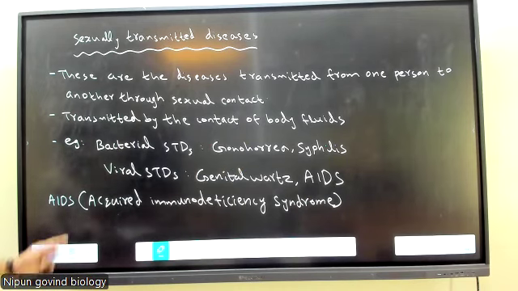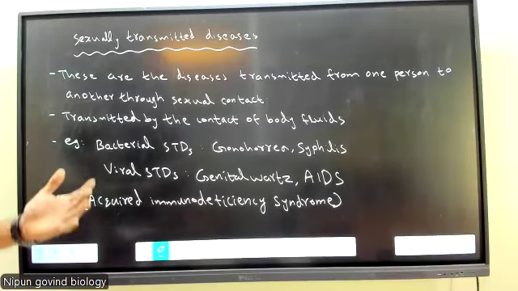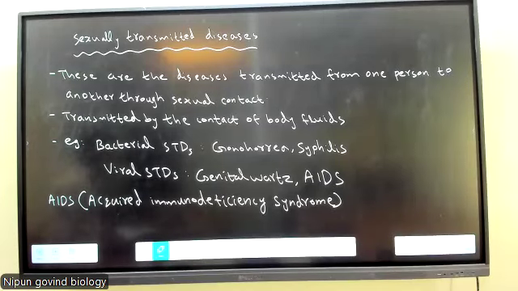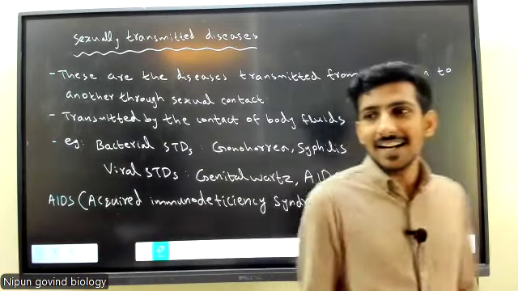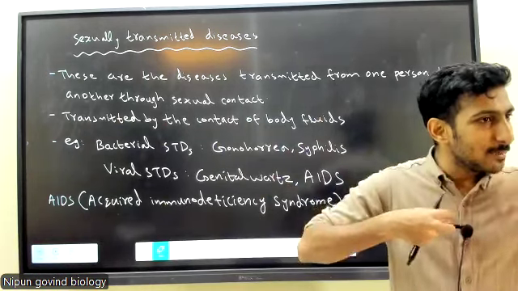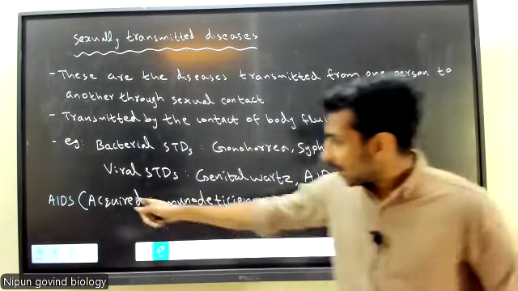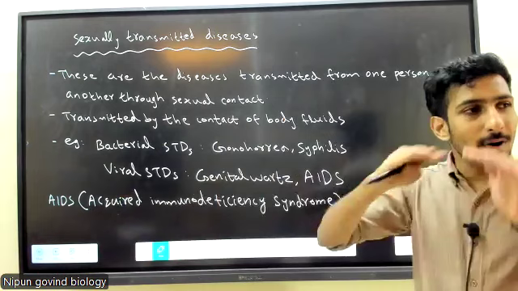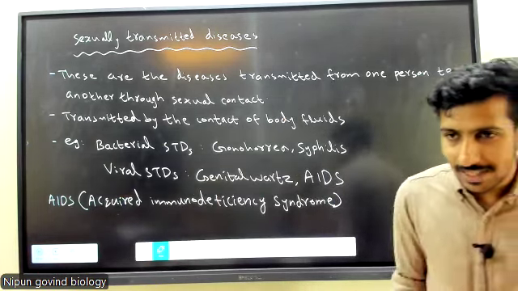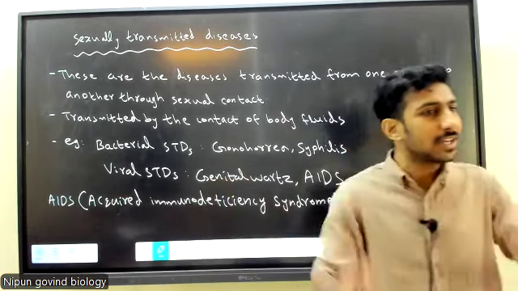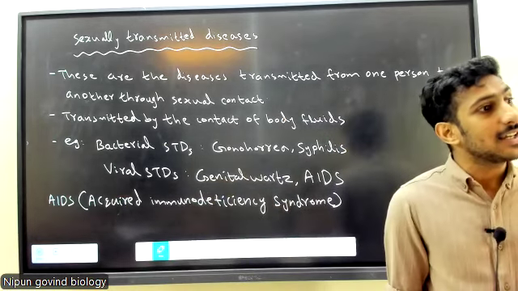What is meant by acquired? Acquired means we have earned that. That is not inherited; we have earned that by our activities. Immunodeficiency: what is immunity? Immunity is the ability to fight against pathogens, and we will become immunodeficient. Our immunity will be decreased.